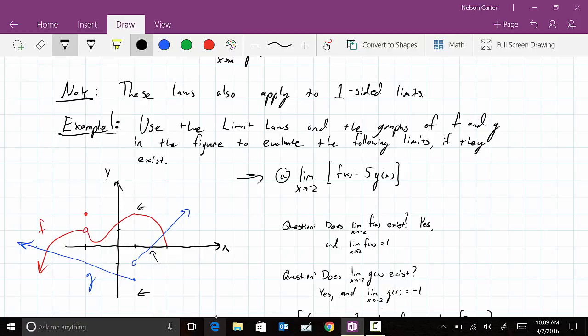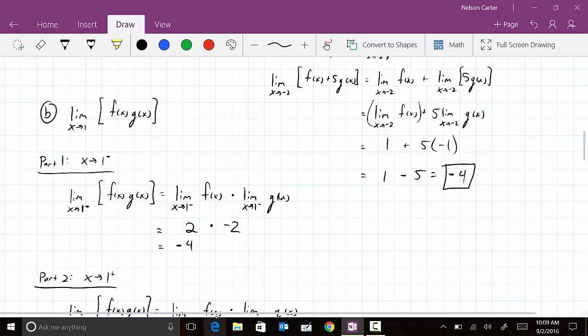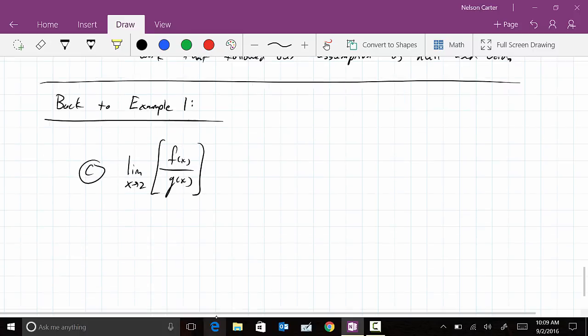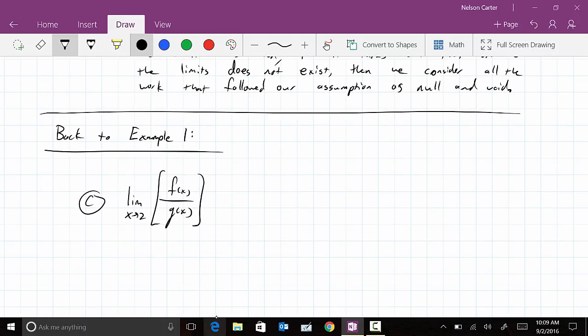It looks like the limit as x approaches 2 from the left is 0, from the right is 0. That means the limit exists, but it's going to be 0. Now, if the limit exists and the limit's 0, then that means that we have got a problem because this denominator is approaching 0. So that's an issue.